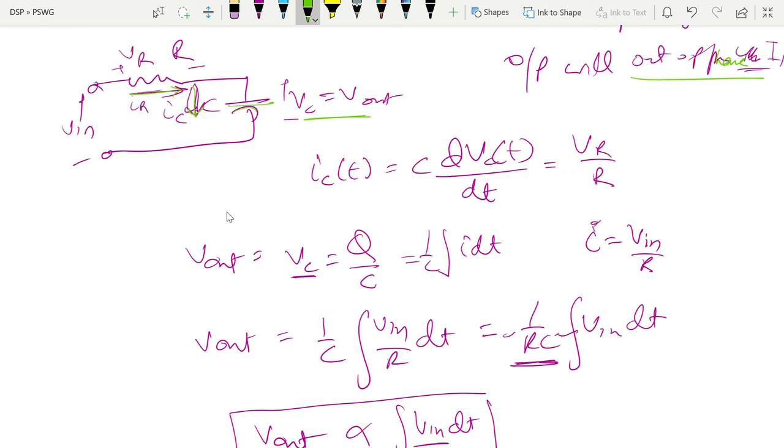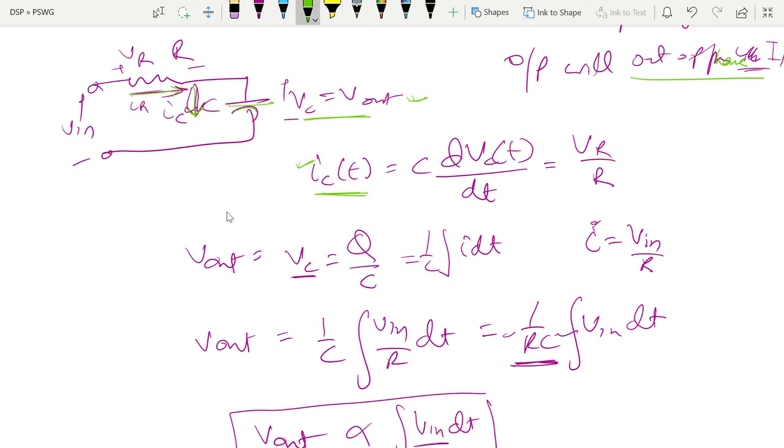This voltage across the capacitor and the output voltage are equal. If you find the current across this capacitor, it will be equal to the current flowing through this resistor, because current comes only through the resistance and these two currents are equal. So we are equating the current across the capacitor and the current across the resistor.